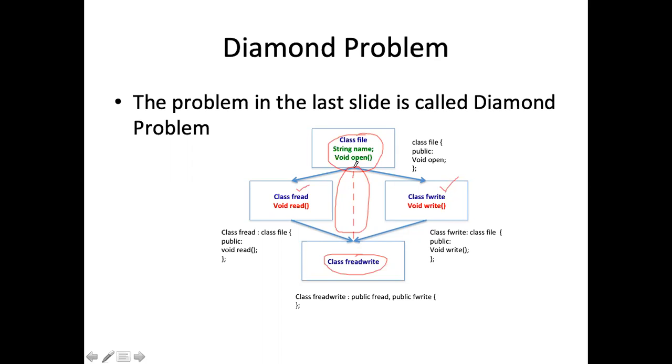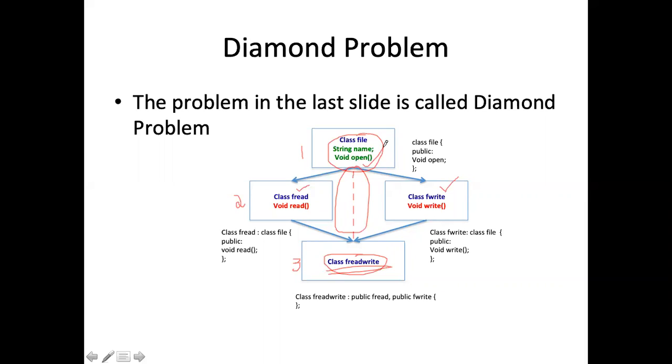So let's say this is level 3, this is level 1 of inheritance and this is level 2. If you establish virtual inheritance between level 1 and 2, you can have a direct connection between 1 and 3. That means any class above the third level can directly access the functions present at level 1.